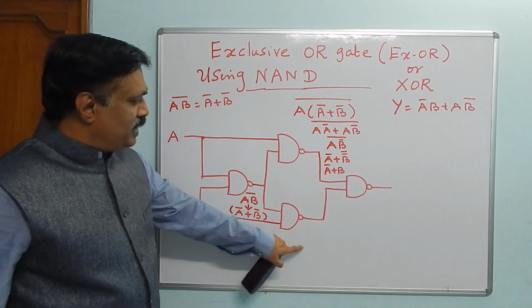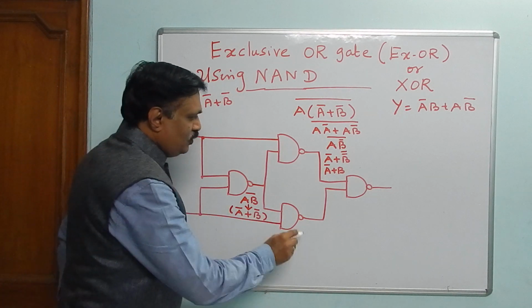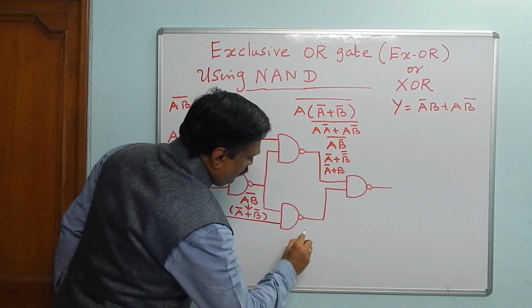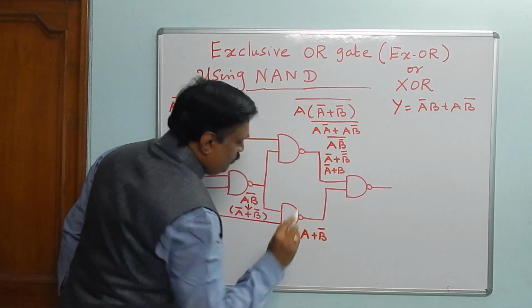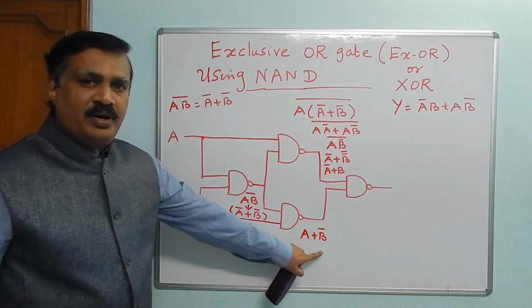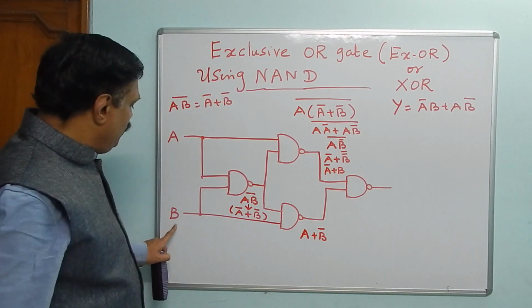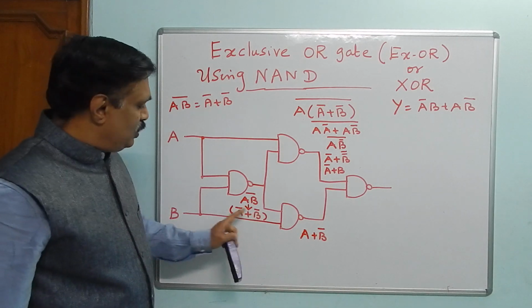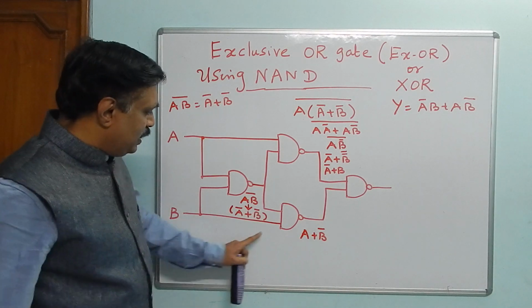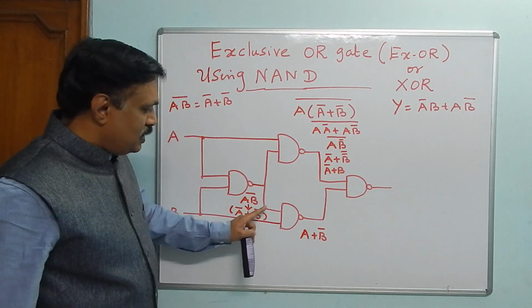Similarly, you will be getting here A plus B bar. Similarly, you will be getting A plus B bar, because you are giving B input directly and this one as input.